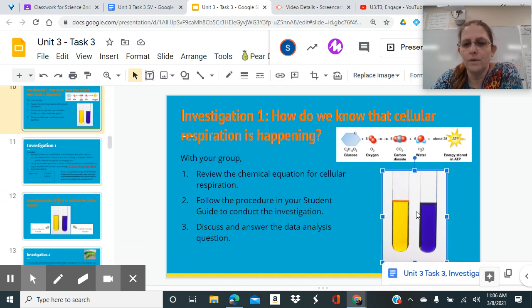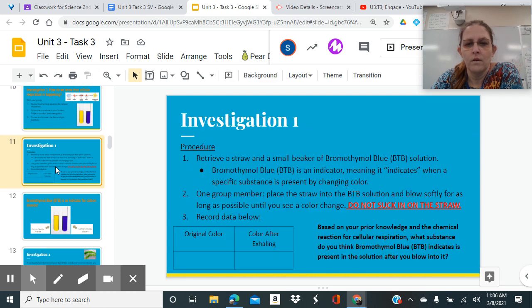All right, so there is a link here to the Task 3 investigation card. And what we're going to do is get a small straw and a beaker and some bromothymol blue solution. The BTB solution is an indicator, meaning that it indicates a specific substance when present by changing colors.